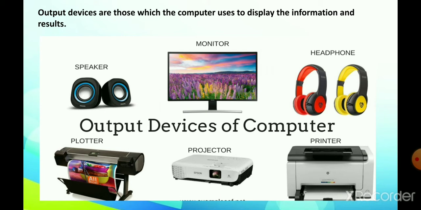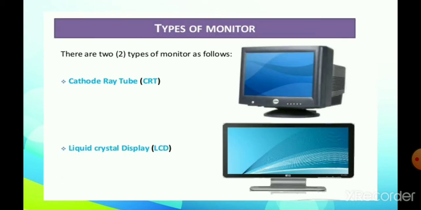There are two kinds of monitor: cathode ray tube, liquid crystal display (LCD). Cathode ray tube, these monitors are heavy and take up a lot of disk space. LCD, liquid crystal display, these monitors are light in weight, use less power, and take up very little disk space.